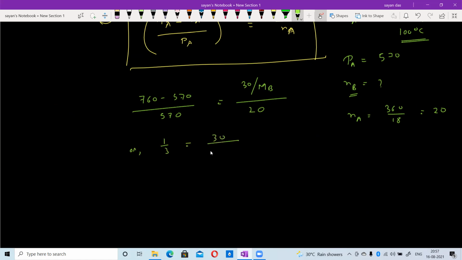This one is 30 by m into 20, so m value is 9 by 2, that means 4.5 gram. So the molar mass of solute is 4.5 gram.